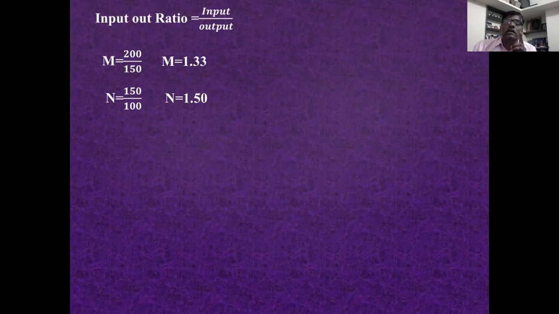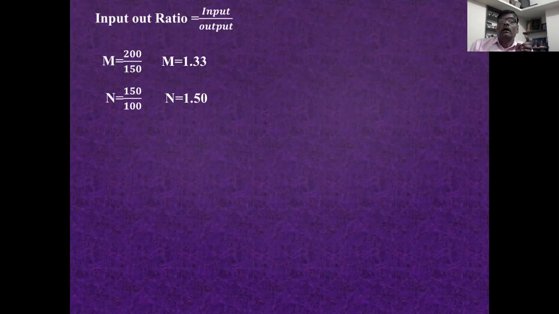So it indicates that if you want to get one finished product by M, you have to give 1.33 kg of M. And if you want to get one unit of the product by N, you have to give 1.50 kg of N raw material.